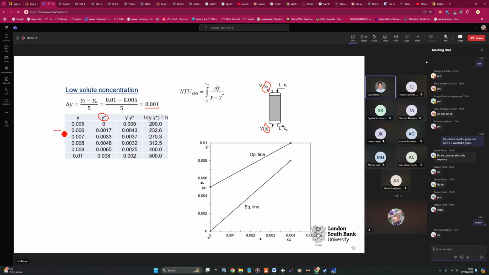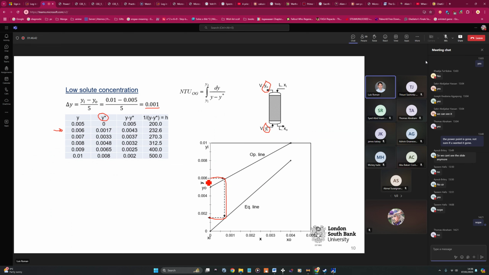When you look at, for instance, this value 0.006, to get the value at equilibrium, you locate 0.006 on y, then draw a line to the operating line, then down to the equilibrium line, and then you read the corresponding value. That's the value of y at equilibrium.